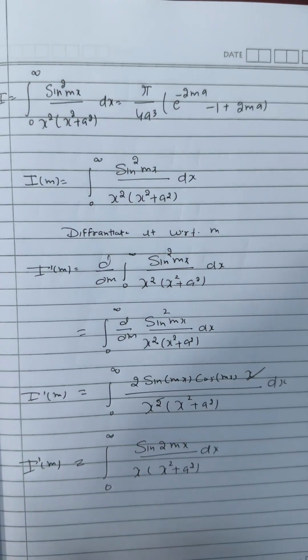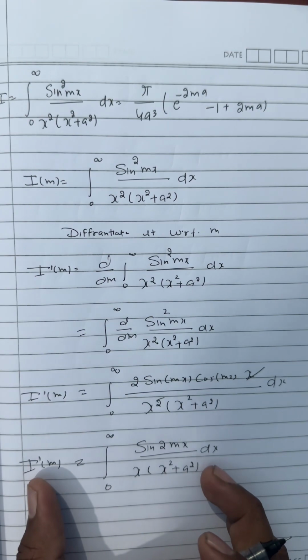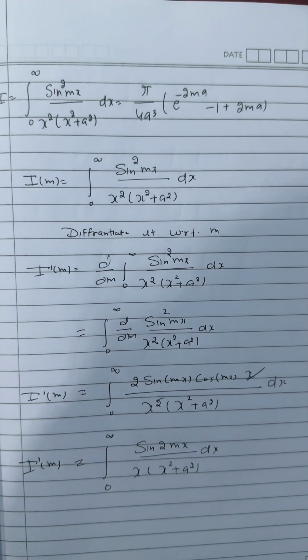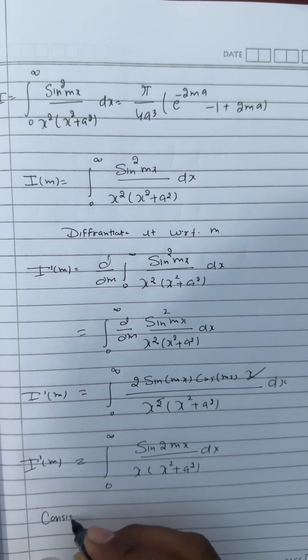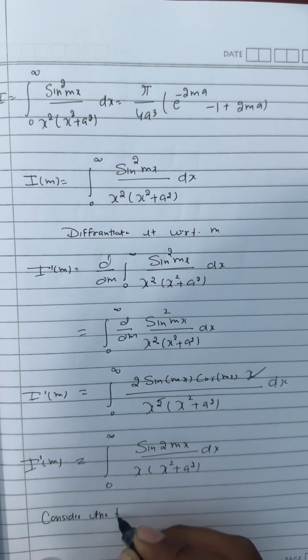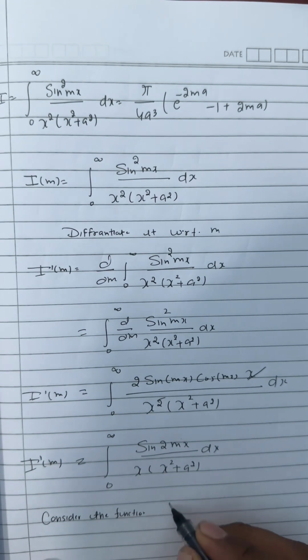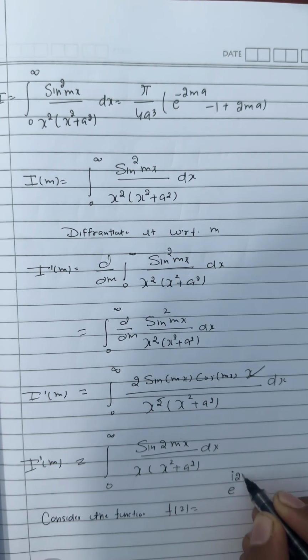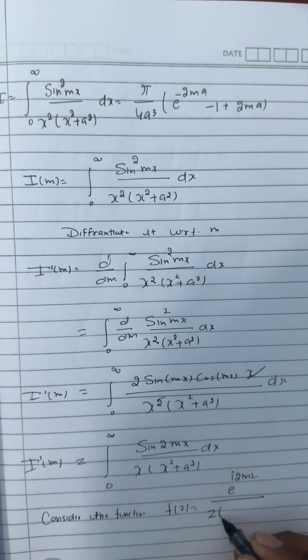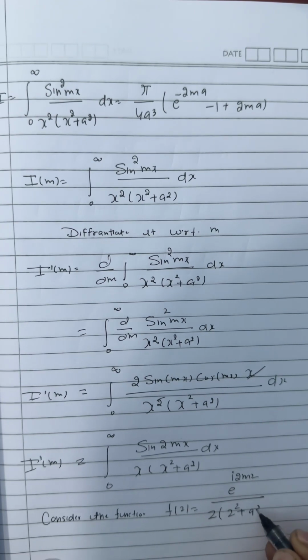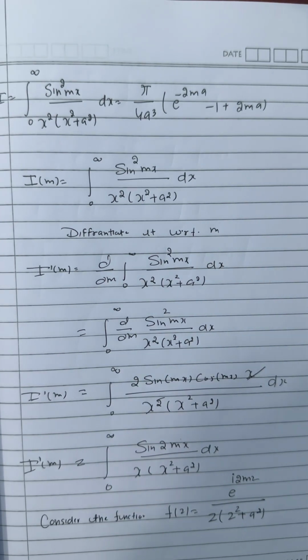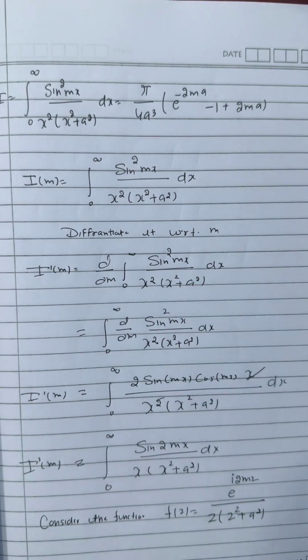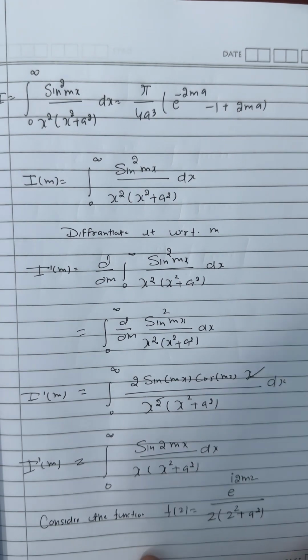So we can solve this integral using the contour integral method. Let's consider the function f of z equals e raised to power i times 2mz divided by z square plus a square. I am going to solve this complex integral.